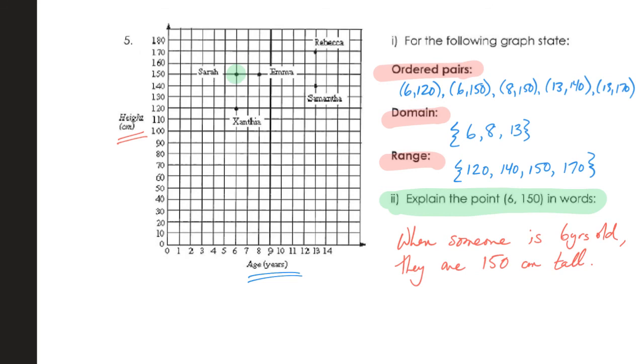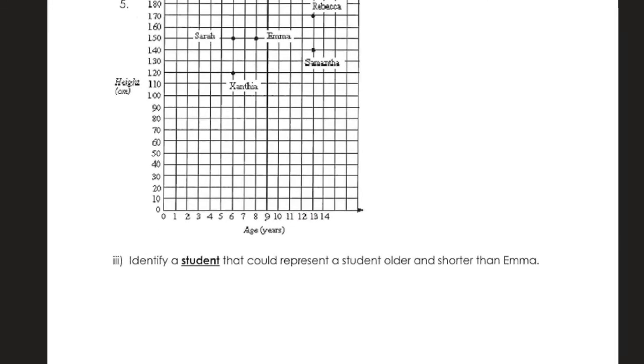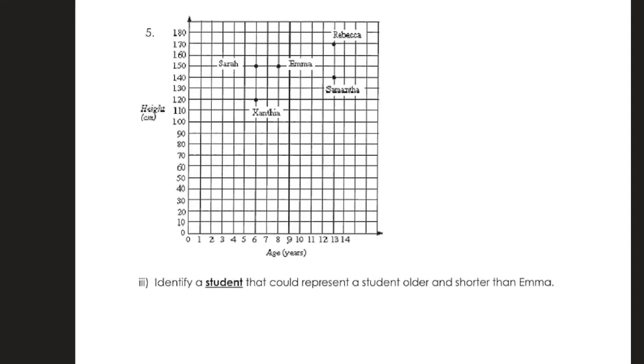Okay, can we take that graph now and go through and answer the 4 questions that follow? I'm going to shrink this down just a little bit, and I want to answer question 3. Identify a student that could represent a student that is older and shorter than Emma. So we need older and we need shorter than Emma.